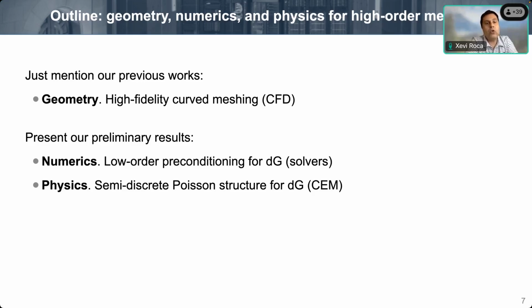The first one is going to be low-order preconditioning for DG. So this is on the numerical side of the solvers. And for the physical part, I will talk about preserving the semi-discrete Poisson structure of a discontinuous Galerkin method for computational electromagnetics. Next slide, please.